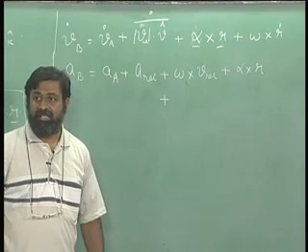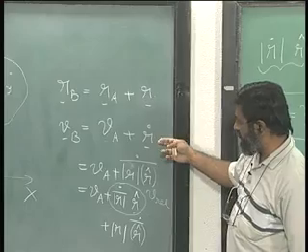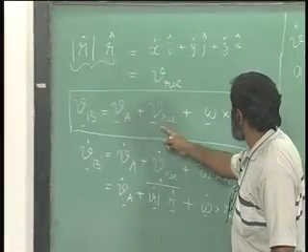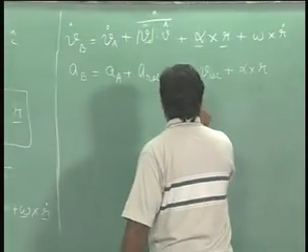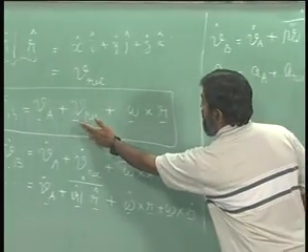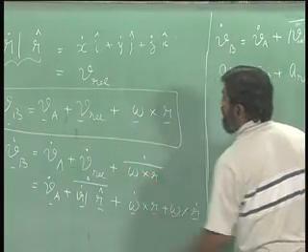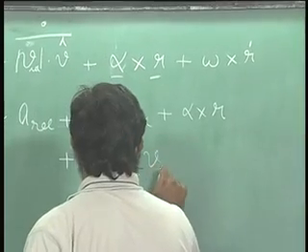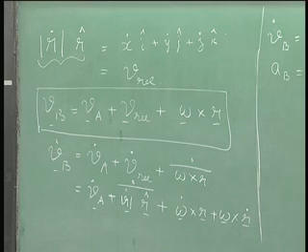What is R dot? R dot I have already written here. R dot happens to be V relative plus this. So, I have omega cross, and I know that this is the thing that is related to R dot. So, I will write it as V relative plus omega cross R. Is this clear?